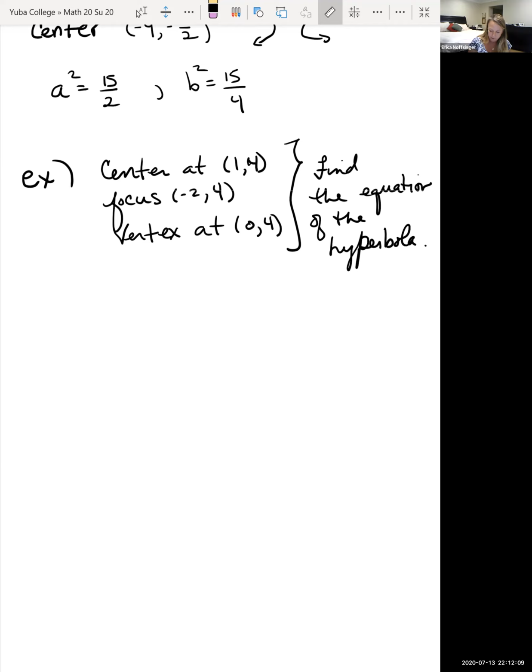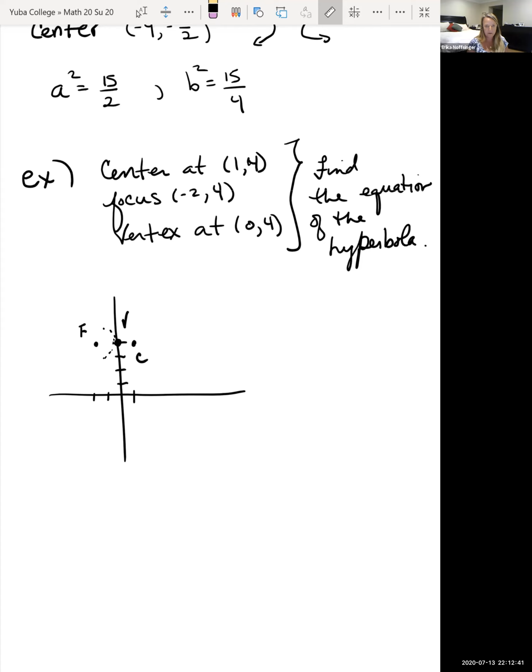Plotting the point 1, 4. So going over 1, up 4. Here's my center. Focus is at -2, 4. And a vertex is at 0, 4. I know my vertex is always facing towards my focus.